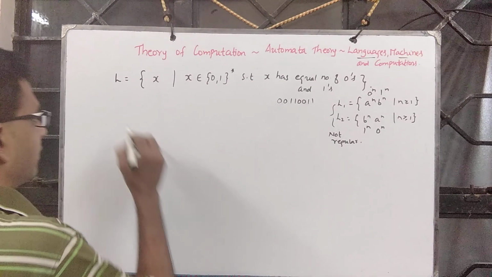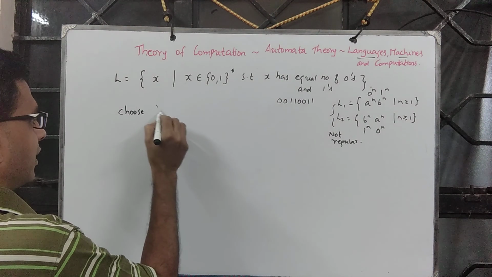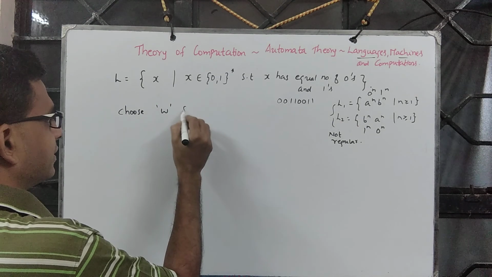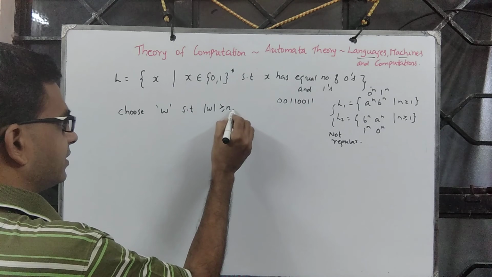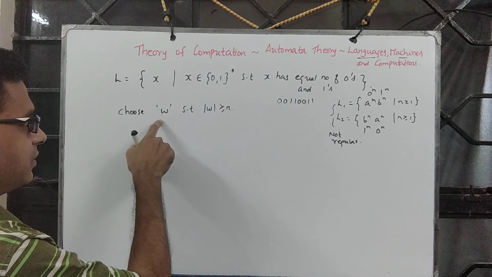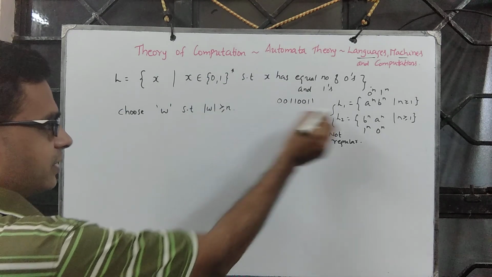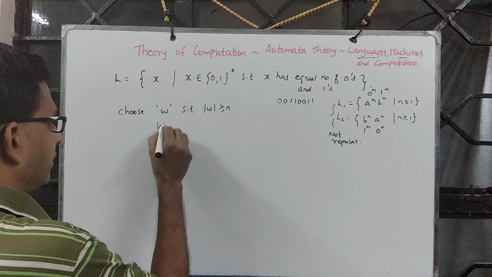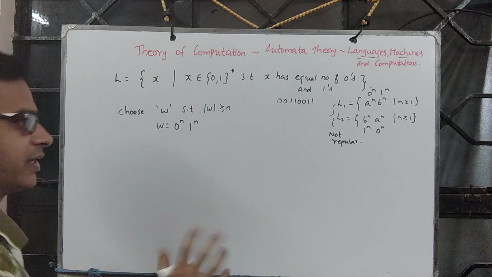Because pumping lemma says choose W such that cardinality of W is at least n. So the choice of W is with you, and let me choose W to be 0 power n, 1 power n, or 1 power n, 0 power n.